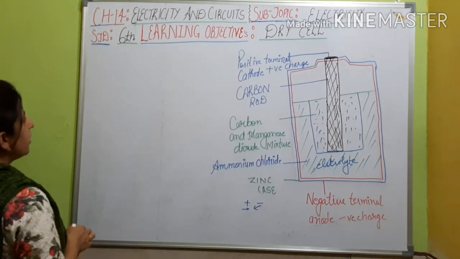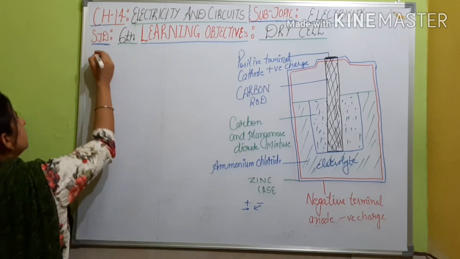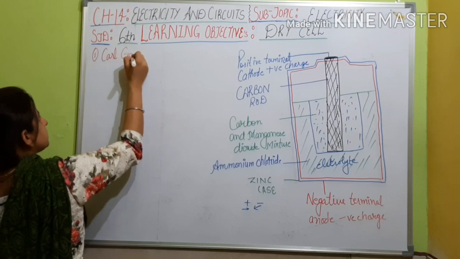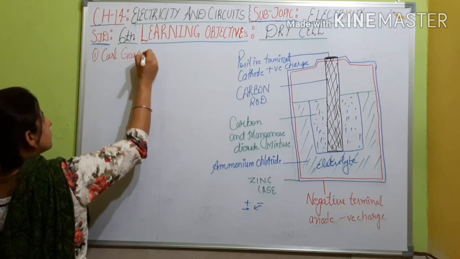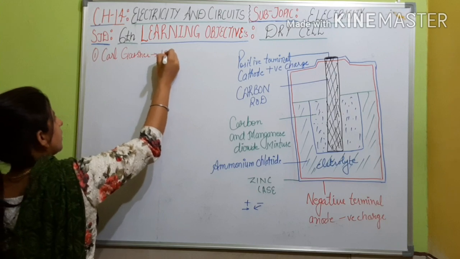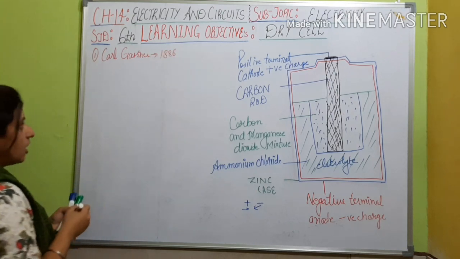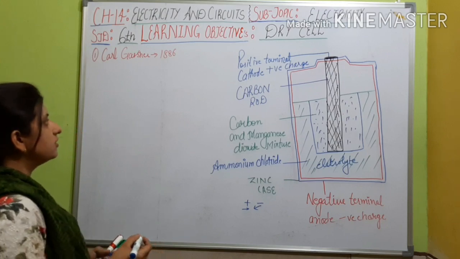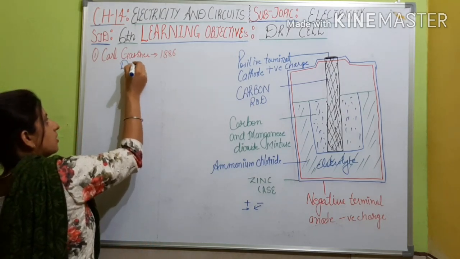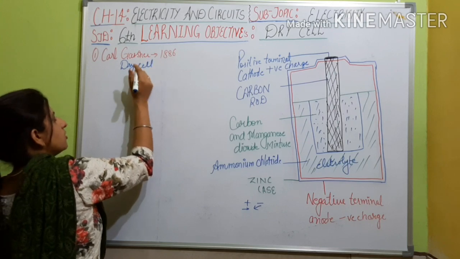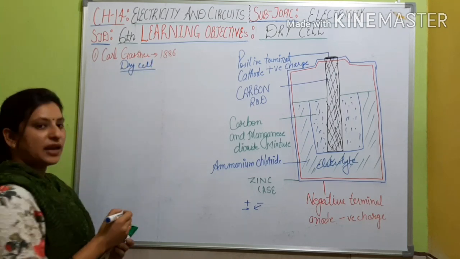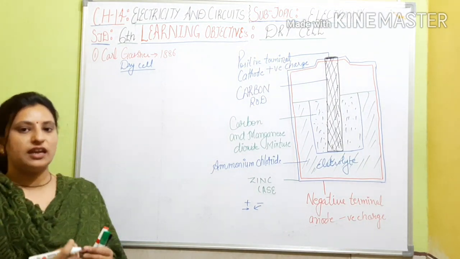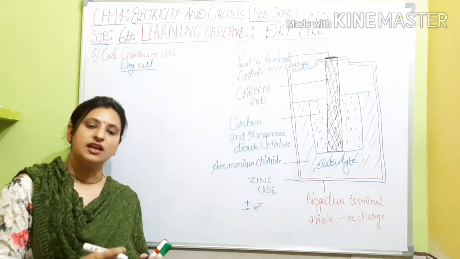This cell was first given by Carl Gassner in 1886. Carl Gassner was the first who gave this dry cell, and it is very easy to use because it has a paste form of electrolyte, and due to this paste form we can carry it from one place to another easily.